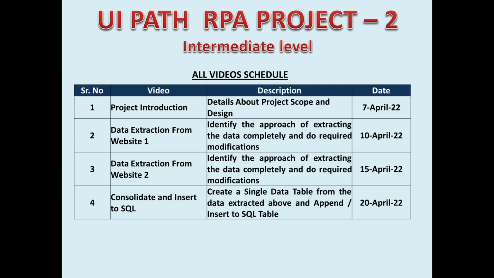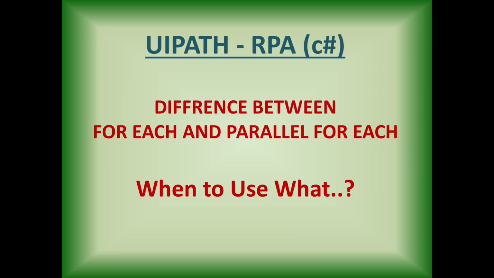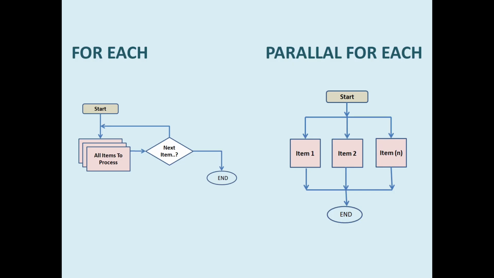So let's get back to today's agenda. Conceptually, in a for each loop, you will have a collection of items and you will perform the action for the first item, check if the next item is available, then go to the next item, again perform the action, and you do everything in a sequential way.